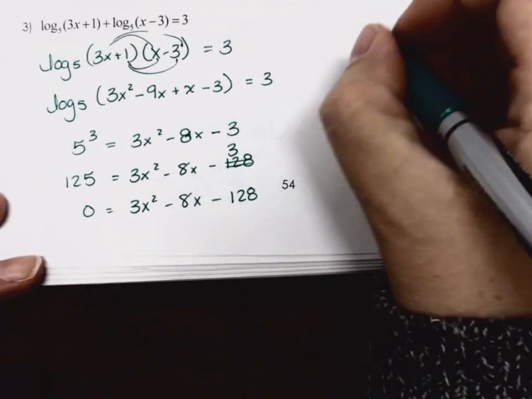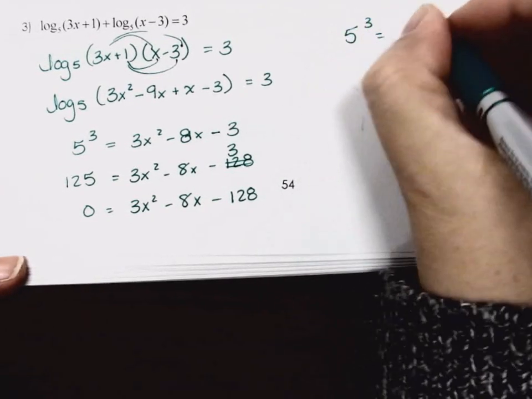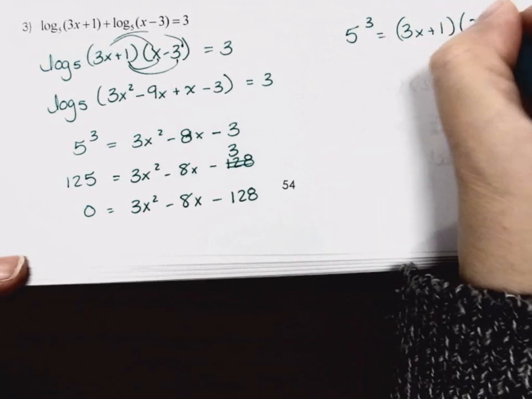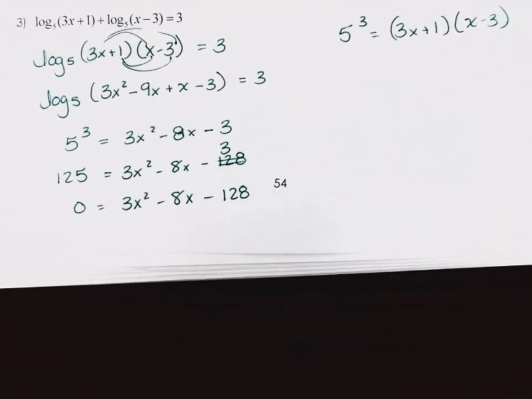You could have gone right to 5 cubed equals 3x plus 1. The log doesn't disappear, because there's not a log on both sides. There's only a single log, and no log on the right-hand side of that equation.